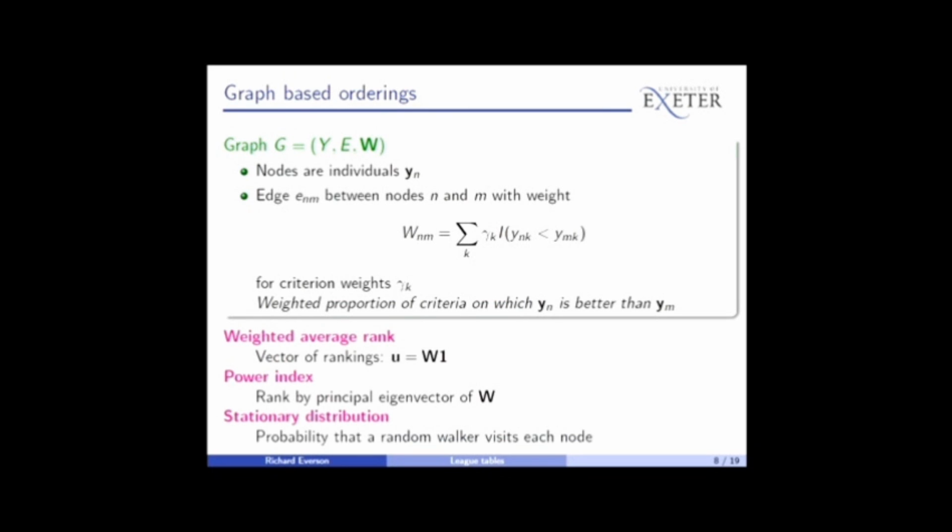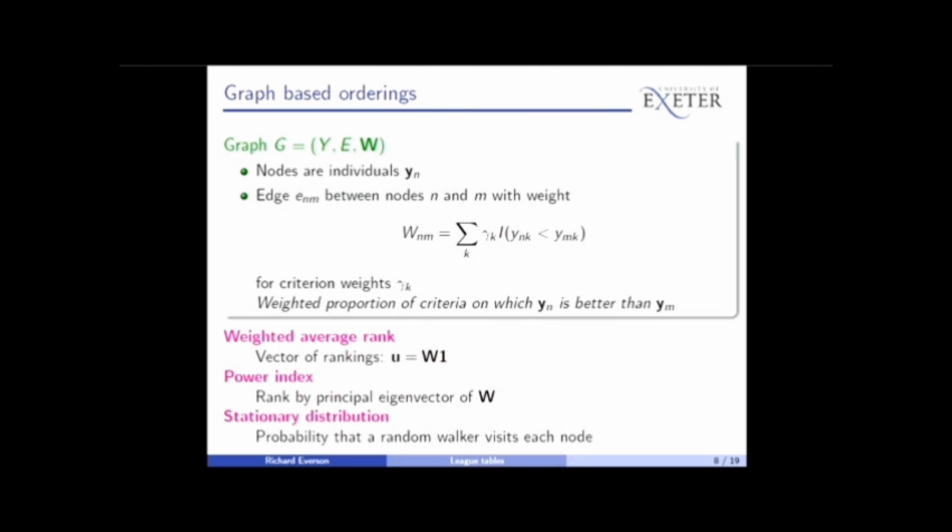But a couple that come out of that are, one is just the weighted average rank. And so what that means is that you work out the rank of each of the individuals, each of the universities, on a particular criterion, and then you average a university's rank across those criteria, weighted by whatever weights you think are appropriate.